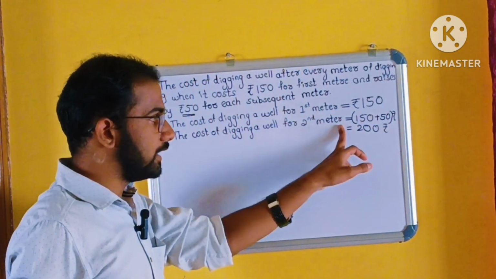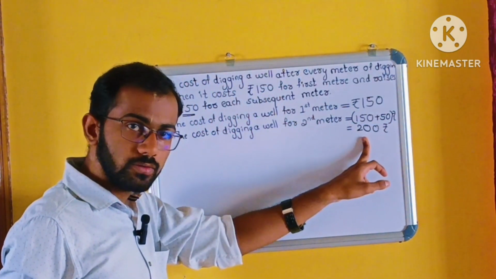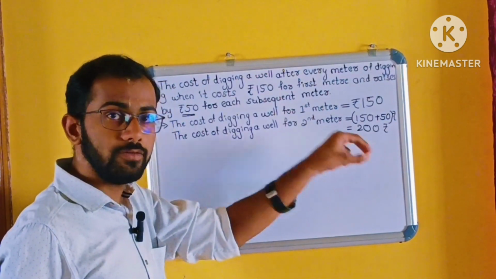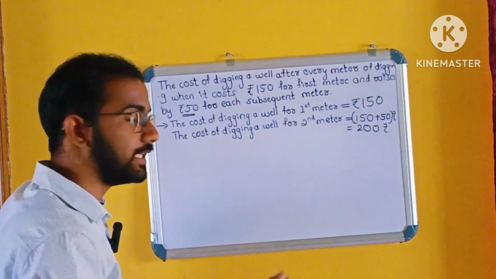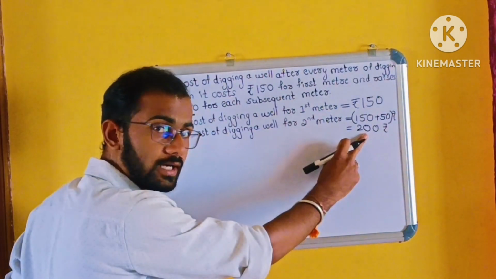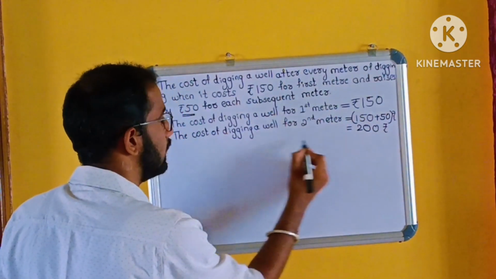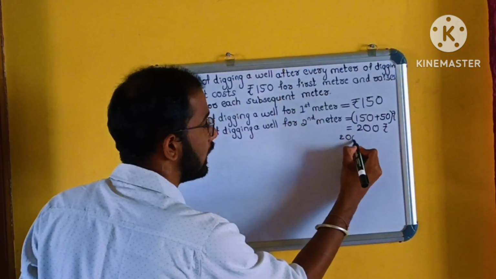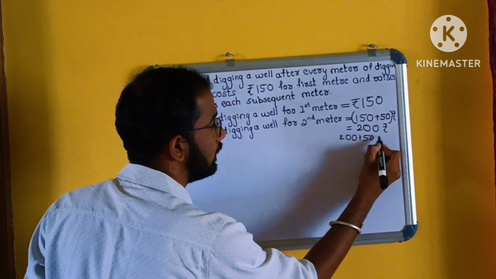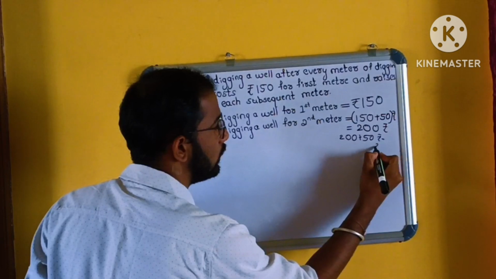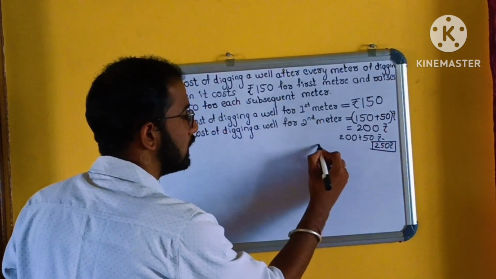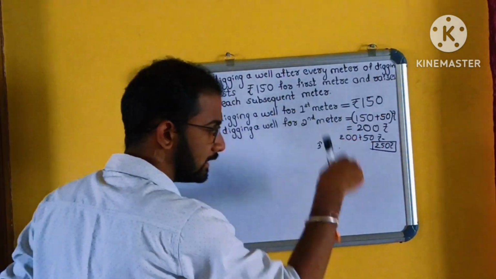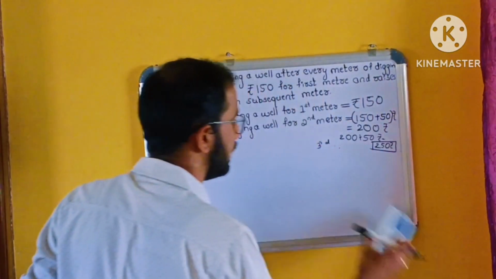So for the second meter, the cost will be 200. If you dig for the third meter, the cost will be 200 plus 50, that is 250 rupees for the third meter. Like this, the cost will be added.